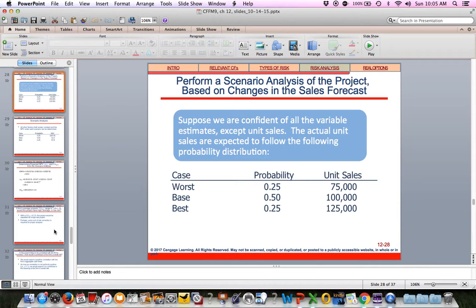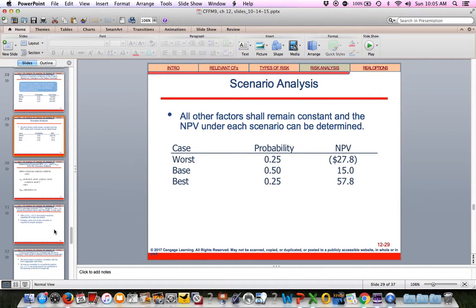So the base case is 100,000, but there's a chance we'd sell less and a chance we'd sell more. And what we could do then is do an NPV on that. If we only sell 75,000, we have a negative NPV. If we sold 125,000, then we have a very big NPV, and the base case is in between the two.